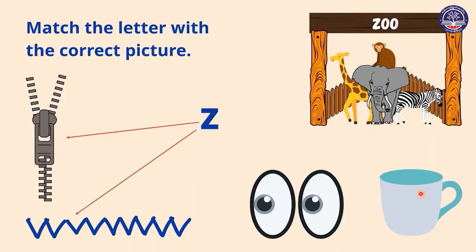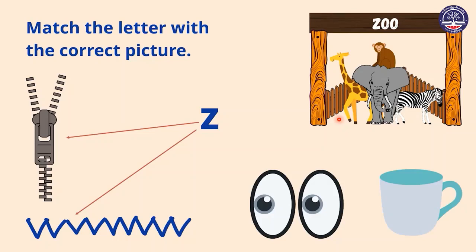Now we only have one picture left. Look, what is this? There are many animals inside it, you see. This is called zoo. Zoo. Have you ever been to a zoo? Great. This is zoo. One more time. Zoo.